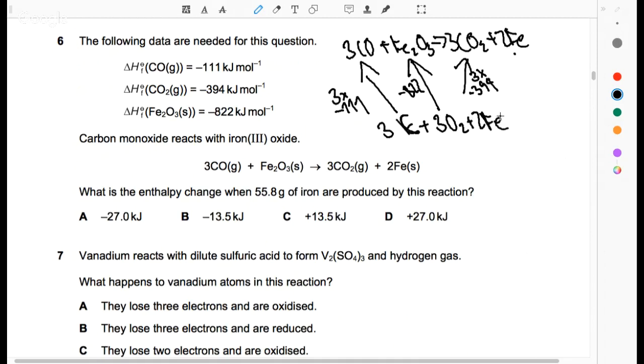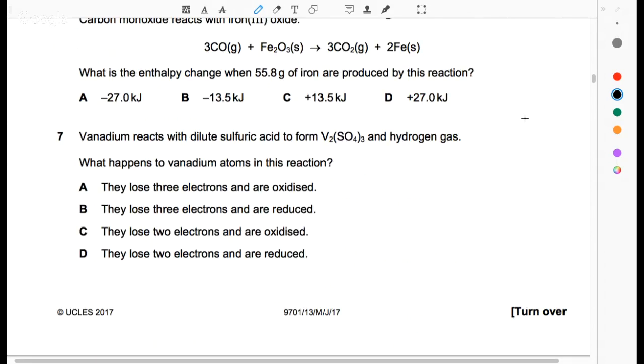Basically, you don't have to work this out twice. So you add this side, you minus this side by that side, and you get the entropy change. Number 7.